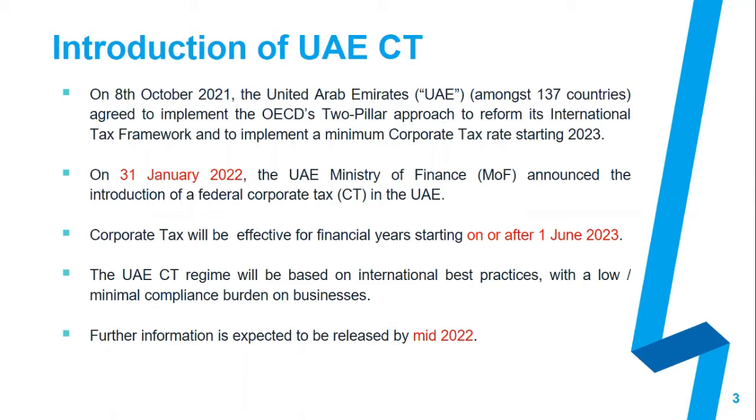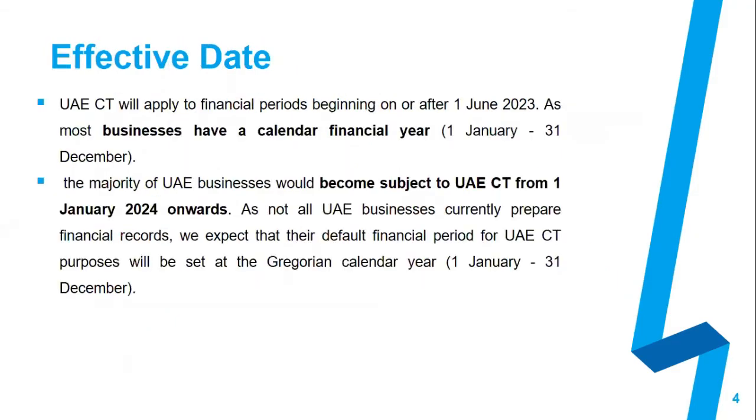There will be no tax treatment, meaning it will not be under the corporate tax of UAE. It will start 1st January 2024. This was a main focus point, that's why I'm emphasizing it time and again.